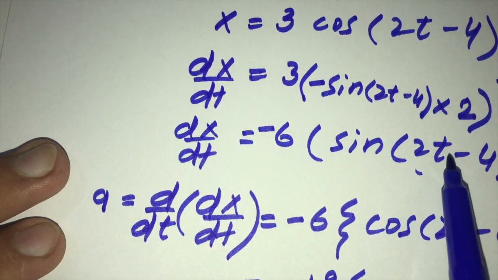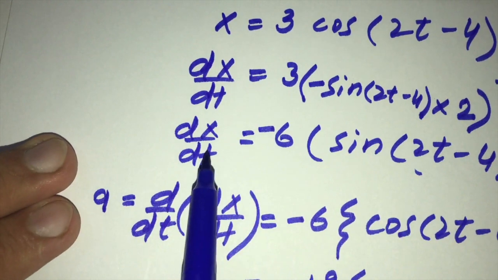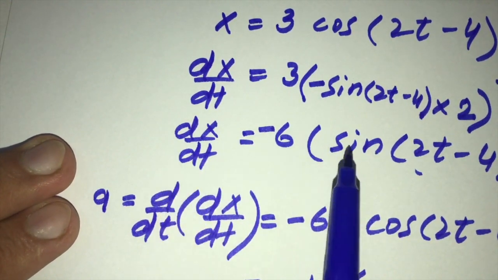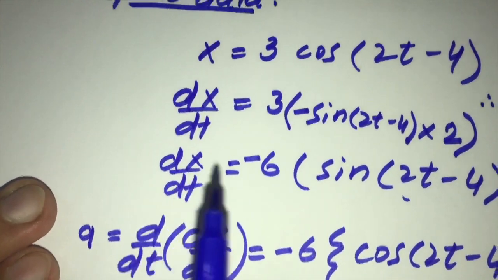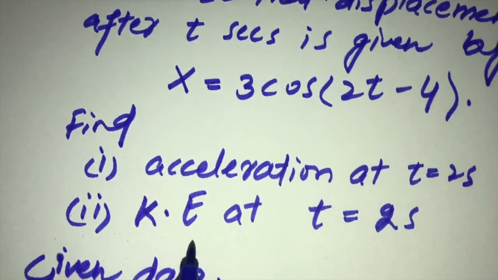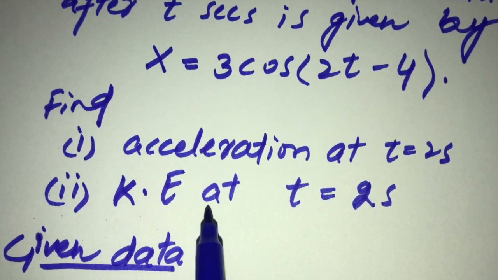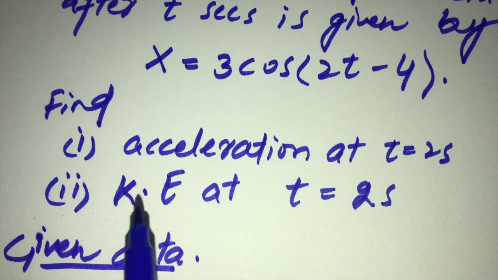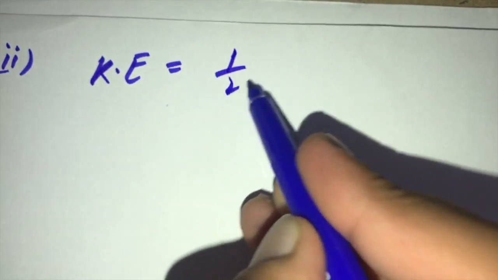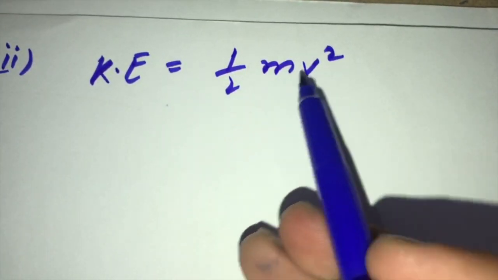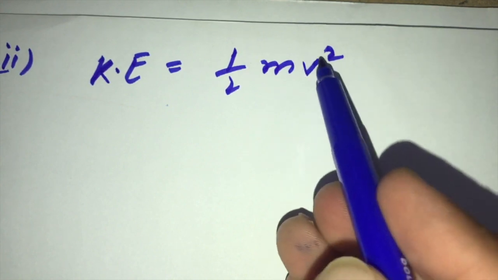Put t is equal to 2 here and find the velocity, because in our second part we have to find the kinetic energy at t is equal to 2 seconds. This is our part 2: the kinetic energy is equal to half mv square. So we need the velocity.